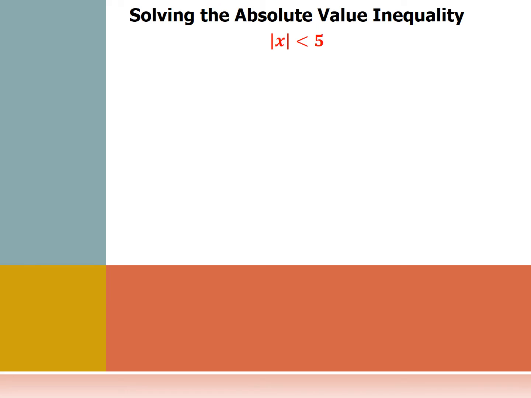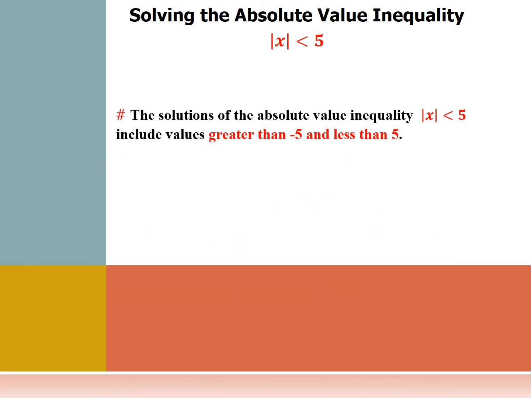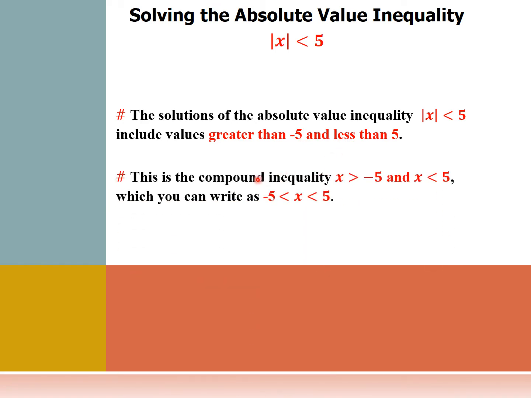Solving the absolute value inequality when we have absolute value of x less than 5. The solutions of the absolute value inequality |x| < 5 include values greater than -5 and less than 5. This is the compound inequality: x is greater than -5 and at the same time x is less than 5, which you can write as -5 < x < 5.